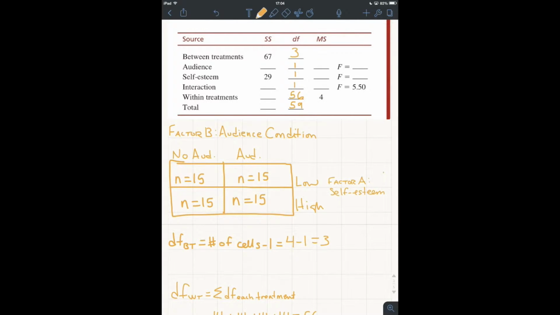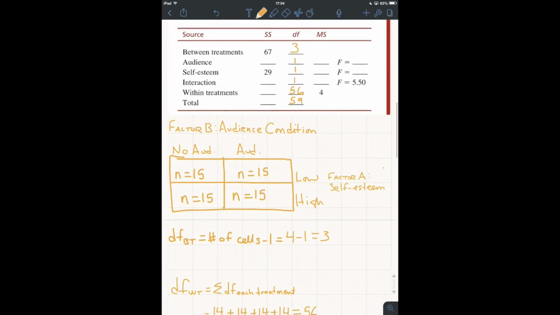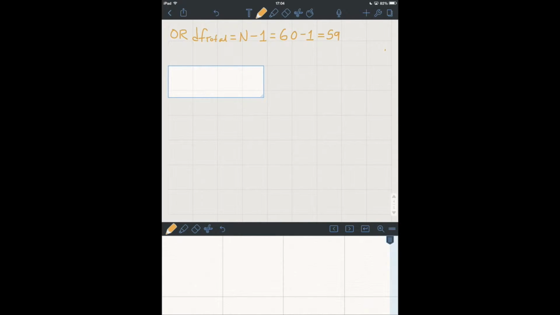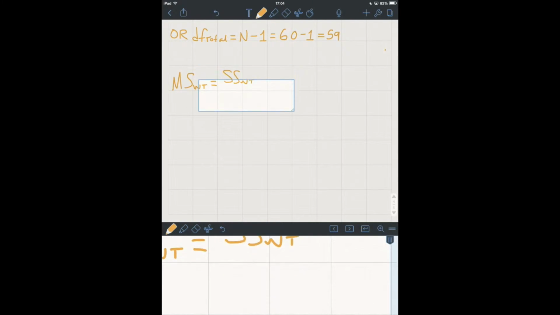And then the next thing we need to do is start filling in the rest of the information with the information that we have in the source table. So I started with MS within. So MS within equals SS within divided by degrees of freedom within.